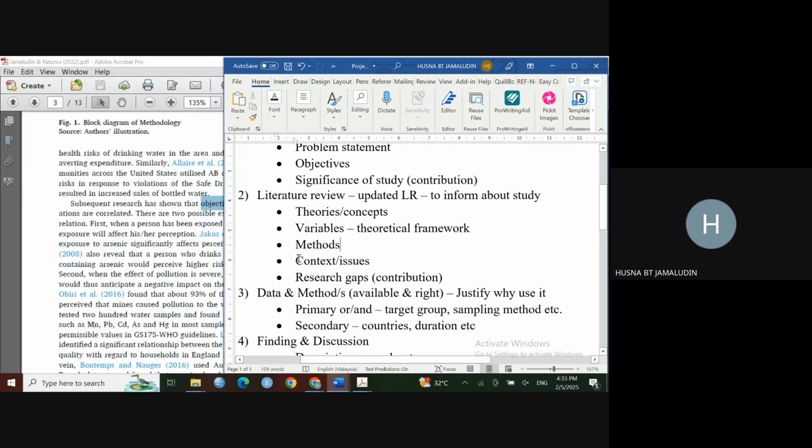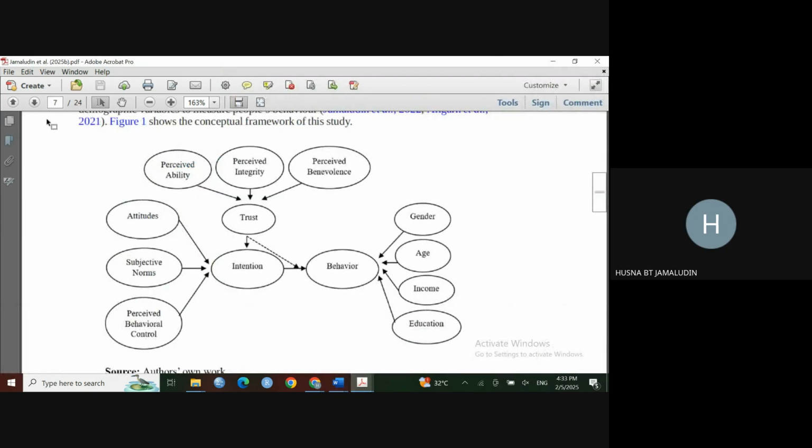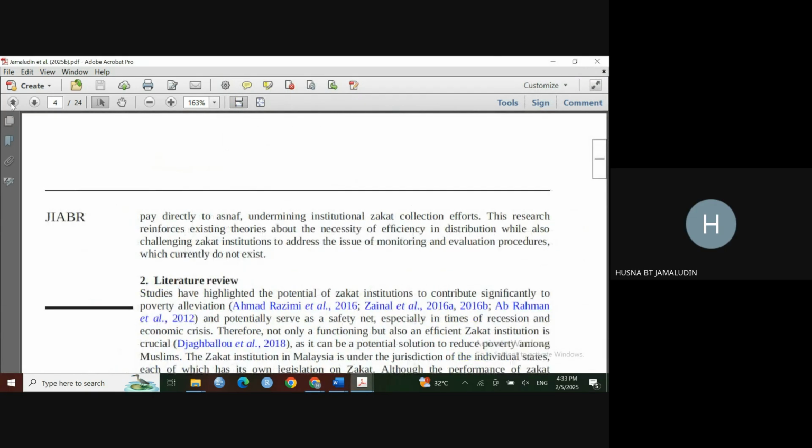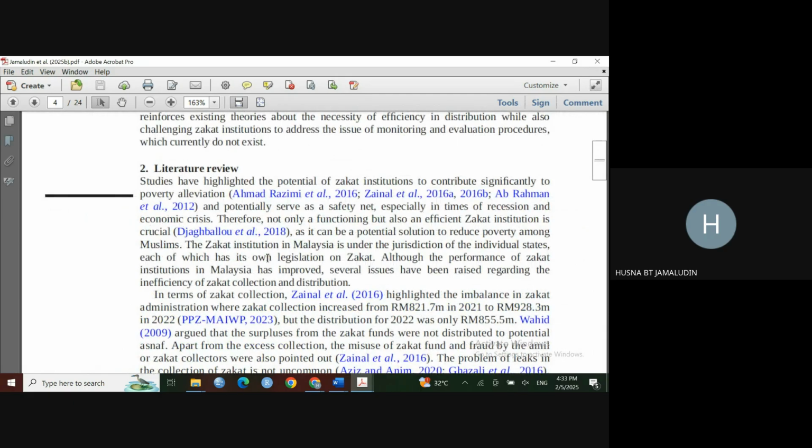Okay, context or issue. This is an example from my zakat paper. If you look here, in the literature review, when you talk about zakat, how do you want to divide it? Remember, zakat is a common topic, right? So you don't know what to study about zakat, and you don't know what is missing in the literature.